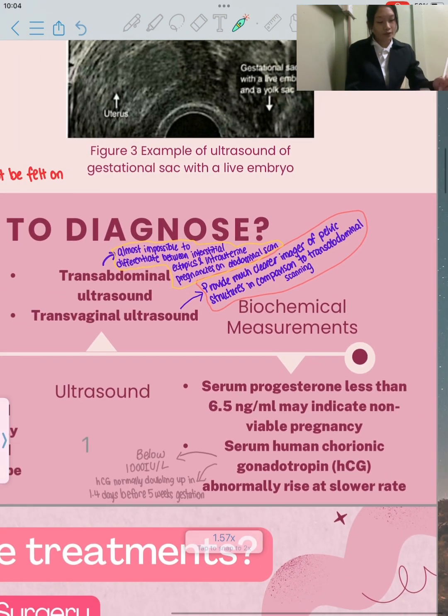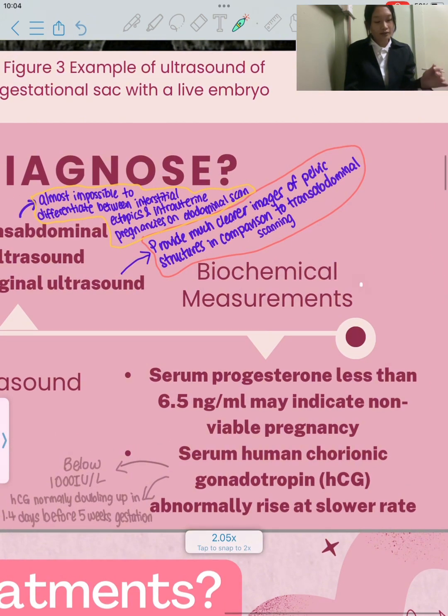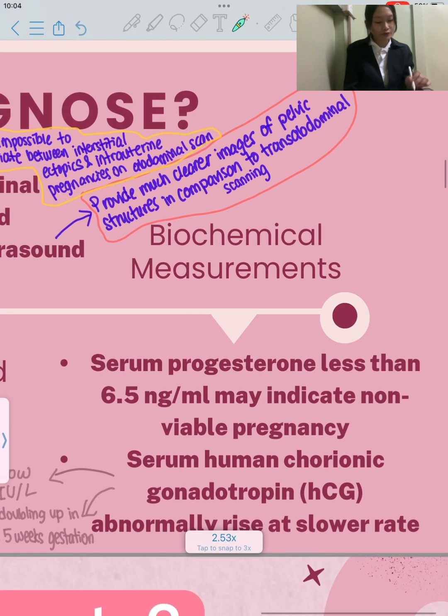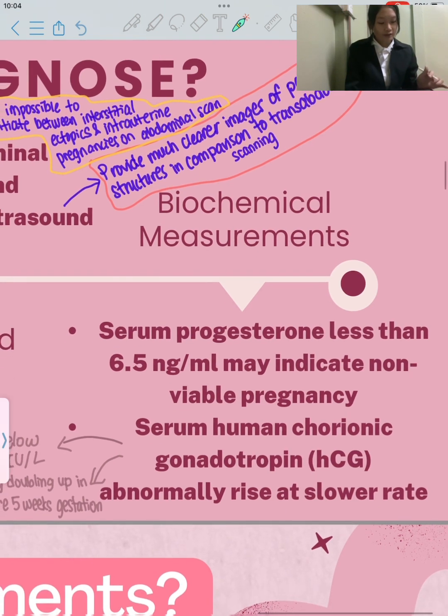Next, we have biochemical measurements. The main biochemical measurements are serum progesterone and serum human chorionic gonadotropin (HCG). For progesterone, if it is less than 6.5 nanogram per milliliter, it may indicate a non-viable pregnancy. But a non-viable pregnancy does not always indicate an ectopic pregnancy, so further tests are required.